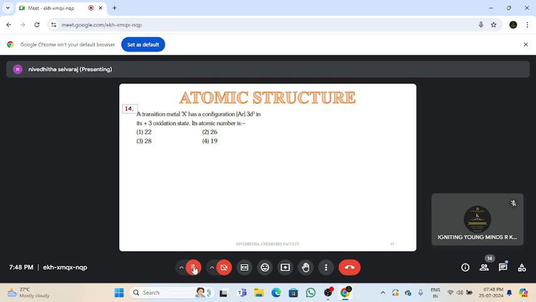Its atomic number is dash. They gave us the configuration of a cation, and they're asking us to calculate the atomic number of that element.